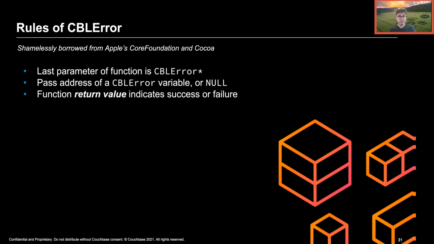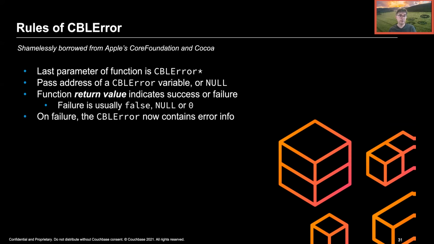The return value of the function indicates whether it succeeds or fails. So the failure value is typically a false, null, or 0. It's generally pretty obvious given the function itself, and the docs will describe what it is. So on that failure, then that CBL error that you passed a pointer to has now been filled in with the error info.